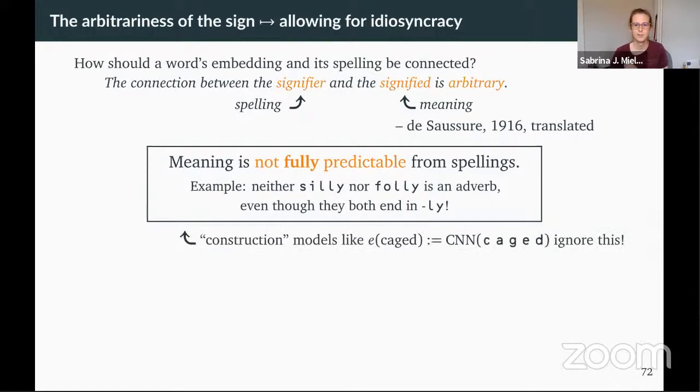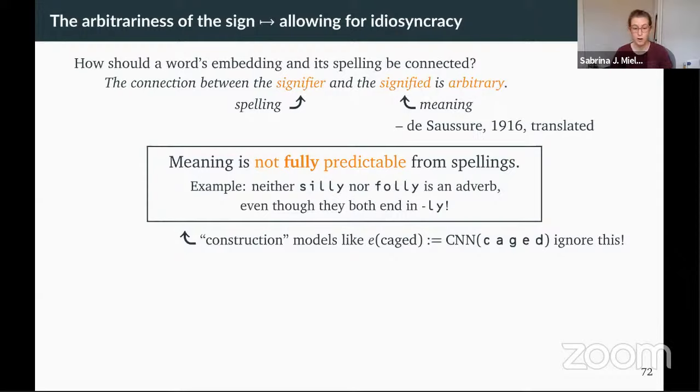And so our hypothesis was, if we do what just about everybody else does, that is, construct word embeddings from characters using like a CNN or whatever, we fail on this because this construction model sees ly and says adverb, which is not true. So it has to learn all these different exceptions to really work well.